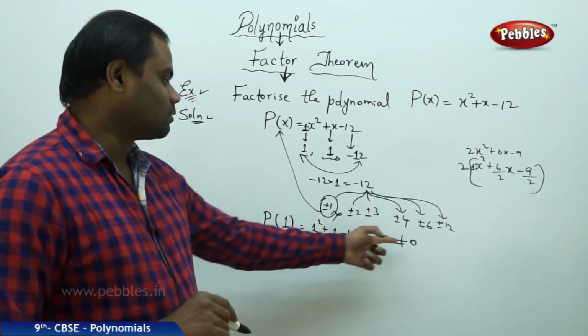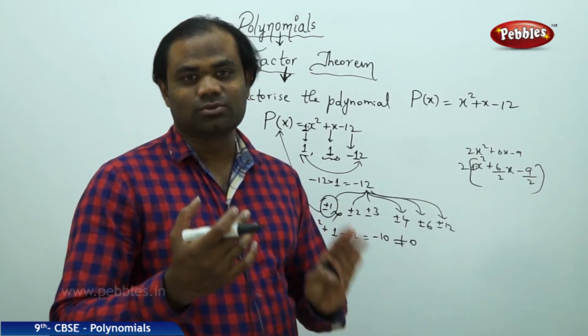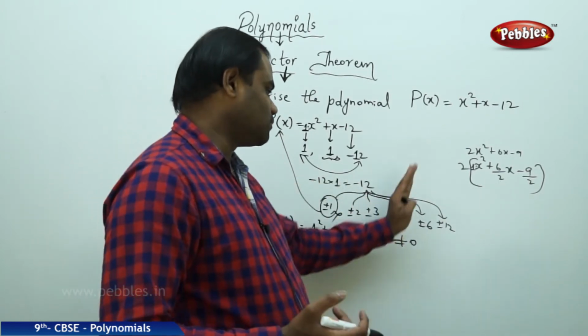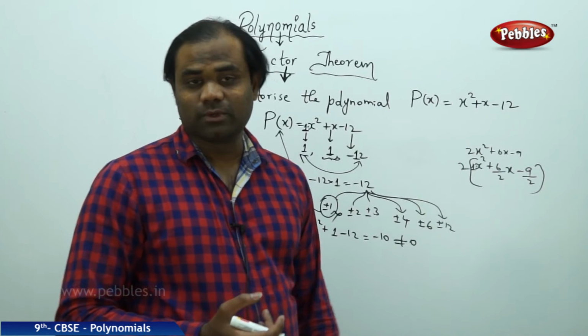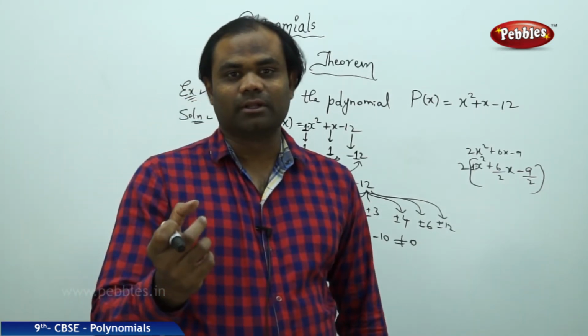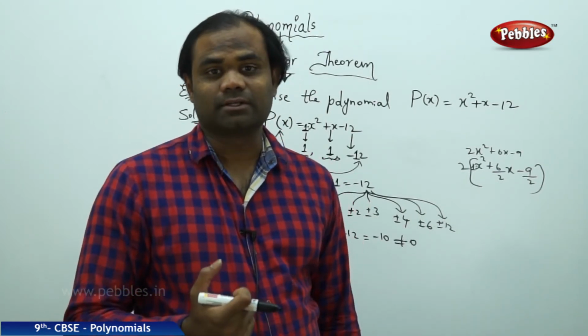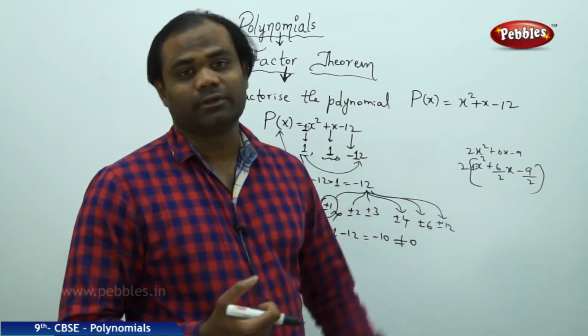Even minus 1 doesn't work. So we randomly try 1 and minus 1, 2 and minus 2, 3 and minus 3, 4 and minus 4, 6 and minus 6, and 12 and minus 12. Whichever is a zero of the polynomial, that value is picked, and that helps us in factorizing through the factor theorem.